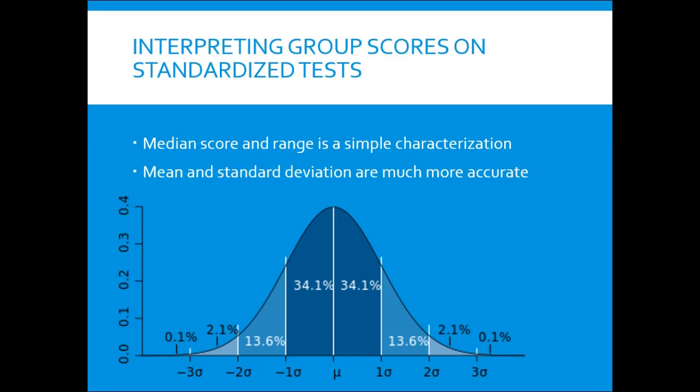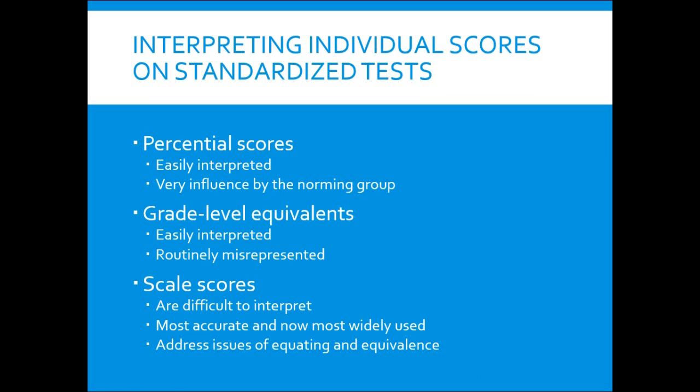If someone says a score is 2 standard deviations above the mean, you can see that it's higher than almost all the other scores in the distribution. And likewise, if someone says a score is -3 standard deviations below the mean, you can see from that diagram that only 0.1% of the scores fall in that range. Now, most of the time you're going to be concerned with interpreting individual scores.